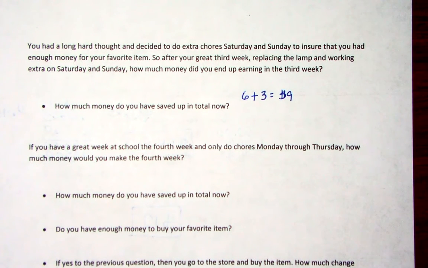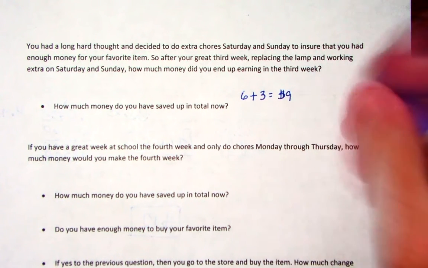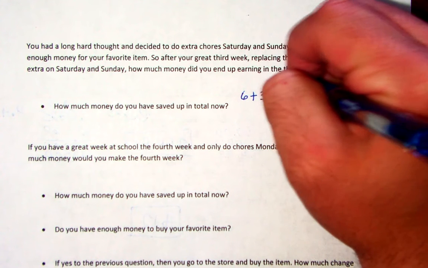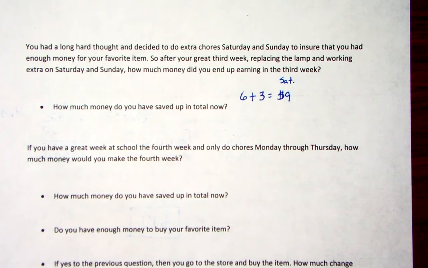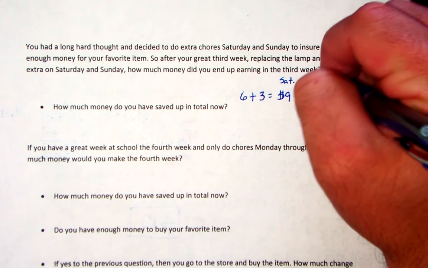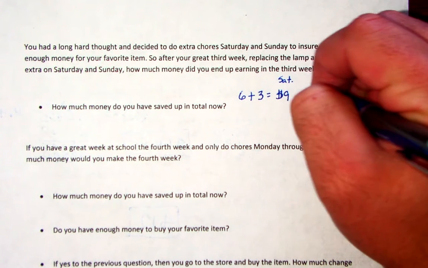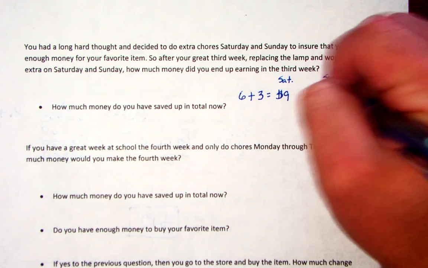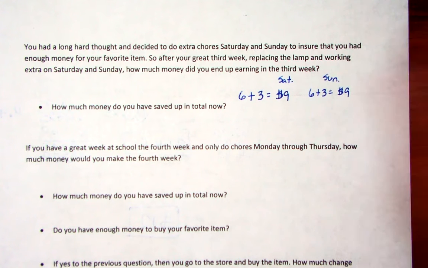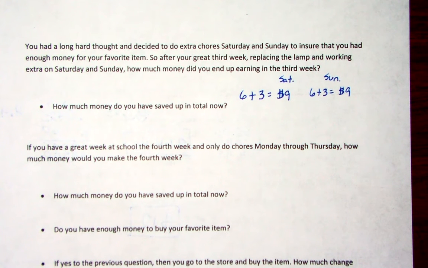Okay? But that's for Saturday. So that's extra work on Saturday. Well, guess what? You did extra work on Sunday as well. So you have to do the $6 plus 3, so you made an extra $9 on Sunday as well. So let's see. This is a lot of work here.